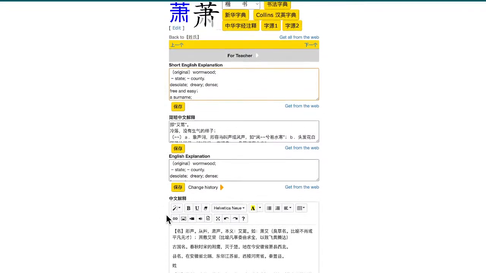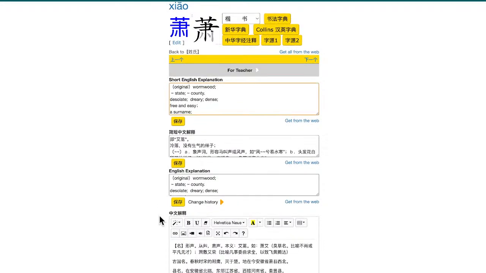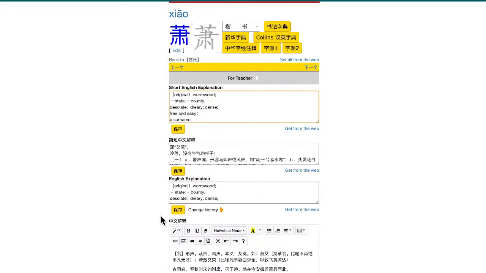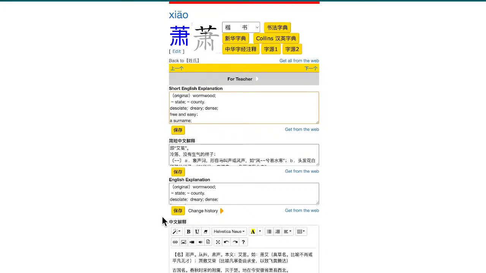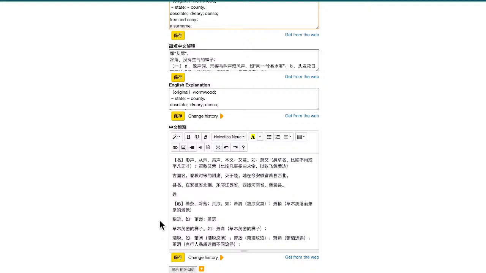Other meanings include desolate, dreary, dense, free and easy. In the meaning of desolate, dreary, it's still in use, like xiao tiao.